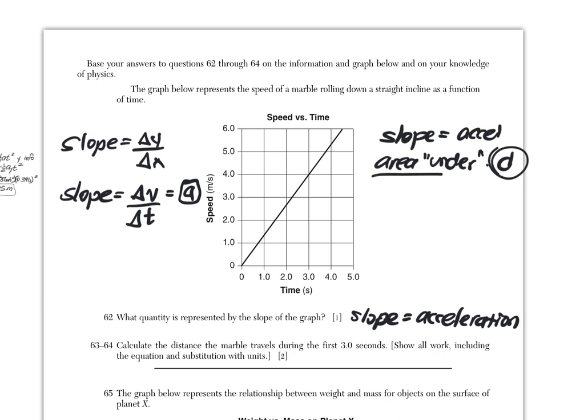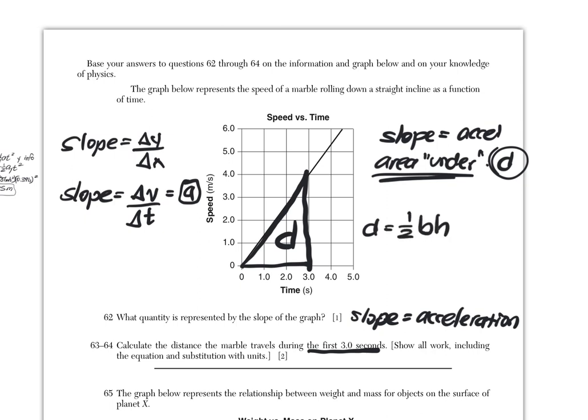Distance is the area under the curve, but only during the first 3 seconds. So I'm interested in this triangle right here. I can do 1/2 base times height. That would work. I can do v equals d over t, but I would need the average speed of 2 meters per second, not 4 meters per second, because the speed is changing.